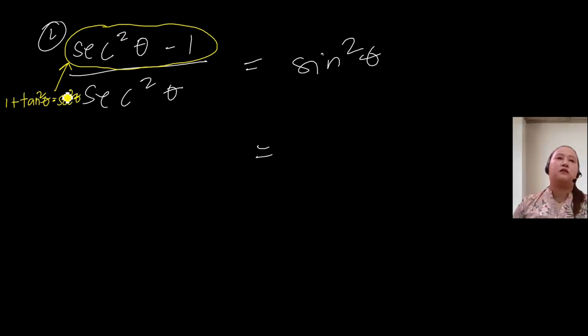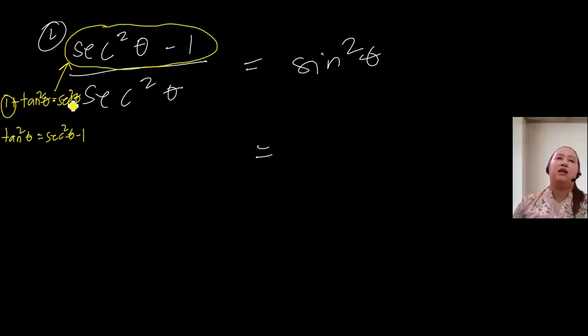So for us to come up with the secant squared theta minus 1, we're going to leave the tangent squared on the left side, and then we have secant squared on the right side, and 1 can be moved to the right side. It will become minus 1.